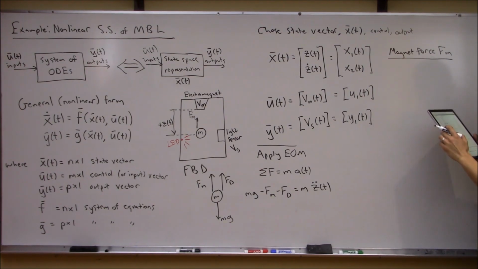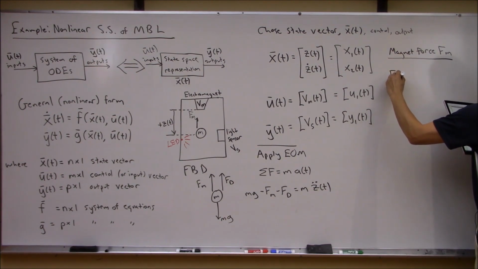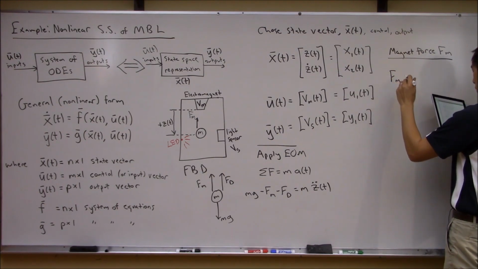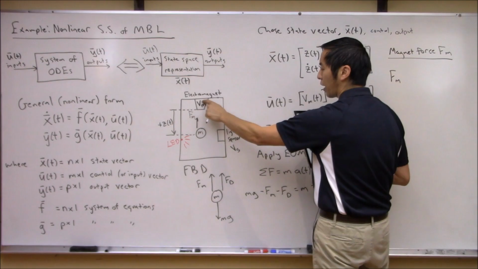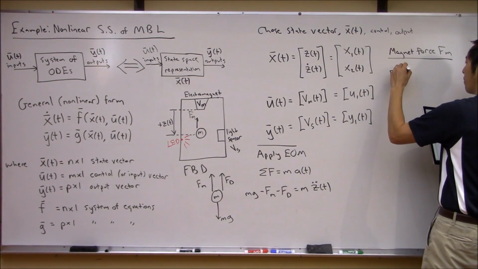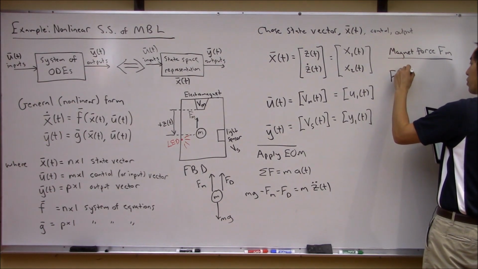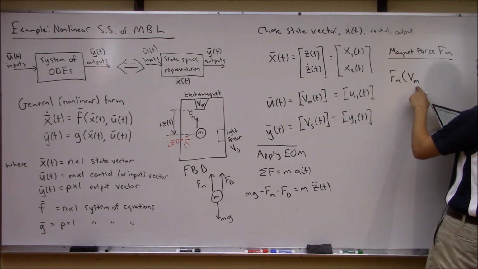So the magnet force, this is probably pretty complicated, right? Because what is this magnet force a function of? Well, if you think about this long enough, it's obviously a function of how much voltage you have on the magnet, right? That's going to depend on it. So F magnet is probably a function of the voltage that you put across the magnet, right?